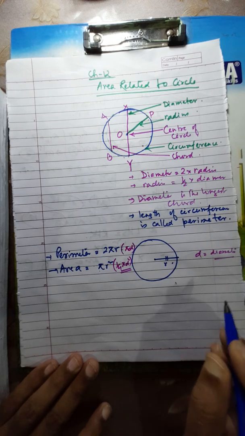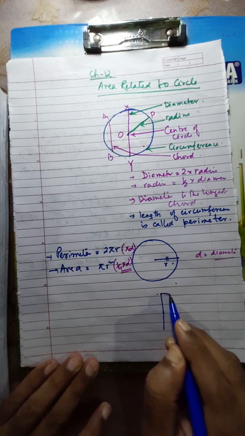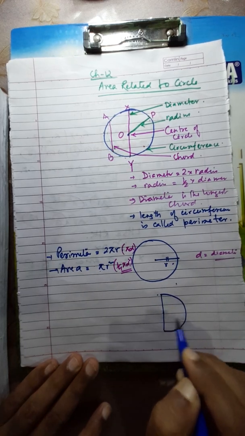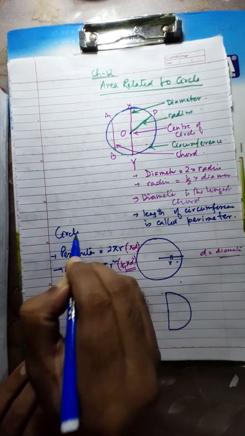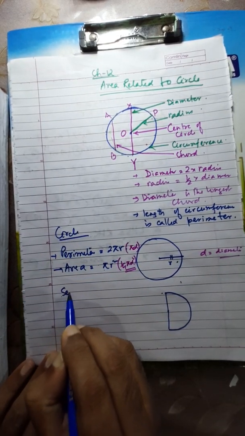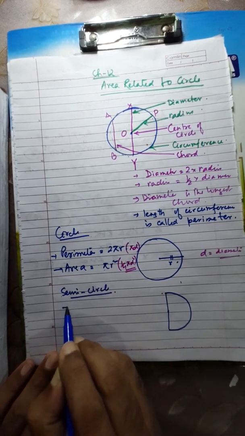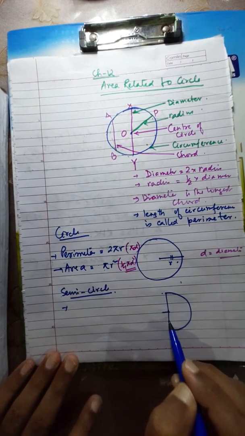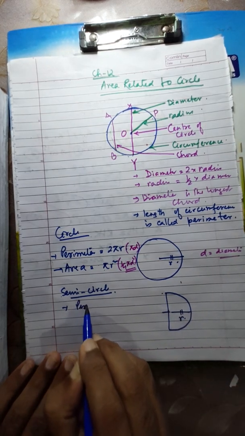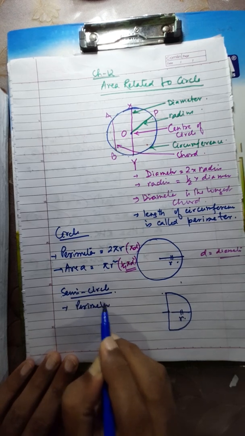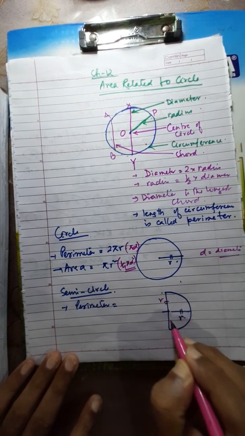Next, this is called a semicircle. What is the perimeter? If the radius is r, this is r, this is r.